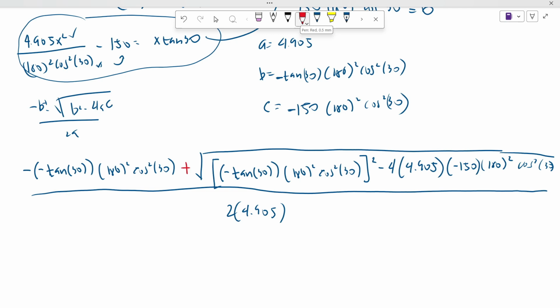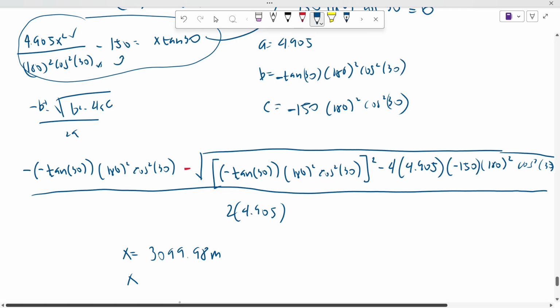So, game, guys, ang makukuha nating answer dyan, guys, is 3,099.98 meters. So, this will be the value of x for the positive. Kapag negative naman to, guys, ang makukuha nating answer dyan is negative 239.717.